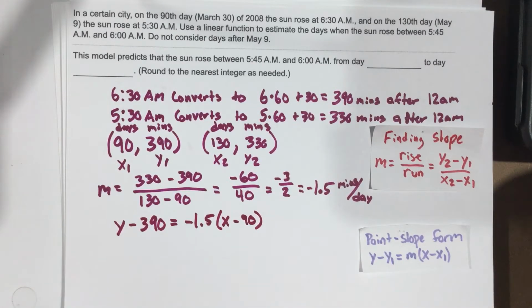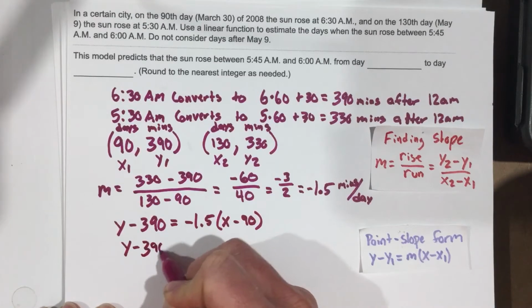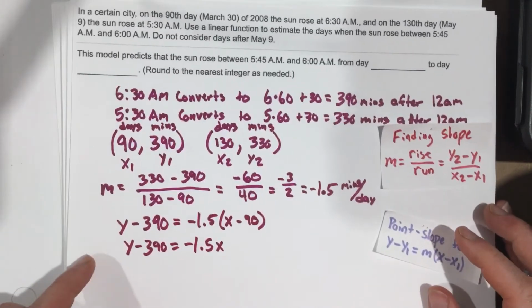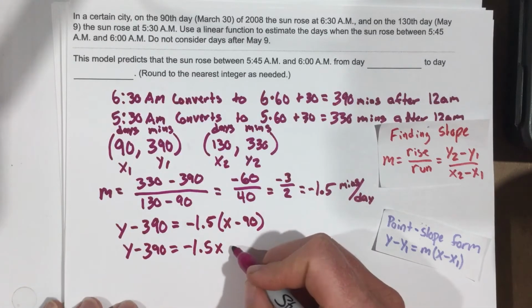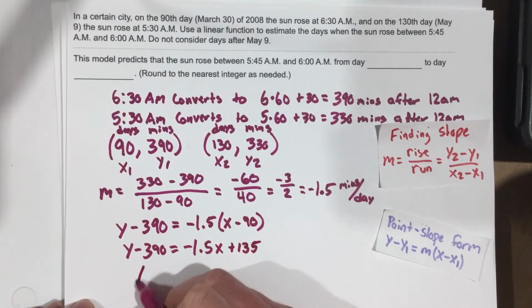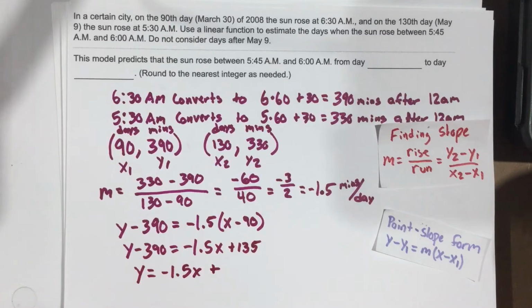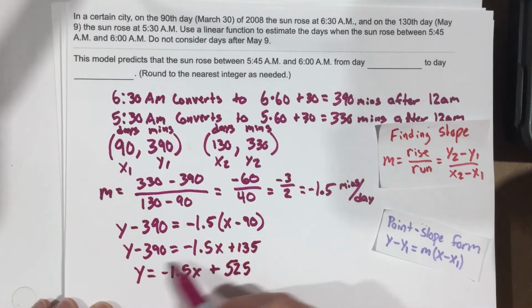Now we distribute: y minus 390 equals negative 1.5x, and negative 1.5 times negative 90 is 135, so plus 135. Let's add 390 over and we get y equals negative 1.5x plus 390 and 135, which is 525.